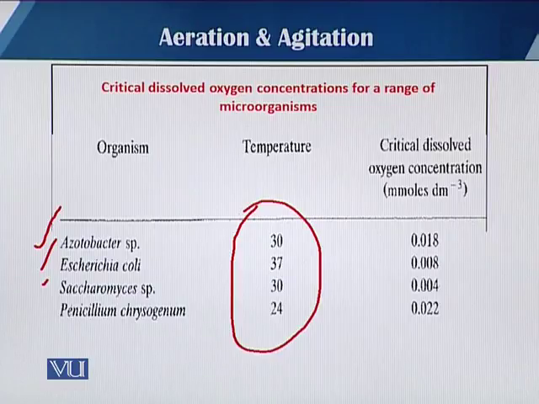As we know, the solubility of oxygen and the requirement of the organism vary with temperature. So 0.018, 0.008, 0.004 and 0.022 are the critical dissolved oxygen concentrations in millimoles per liter of the medium.